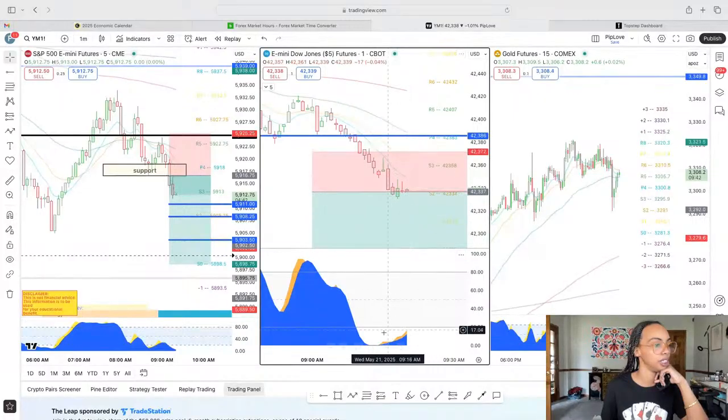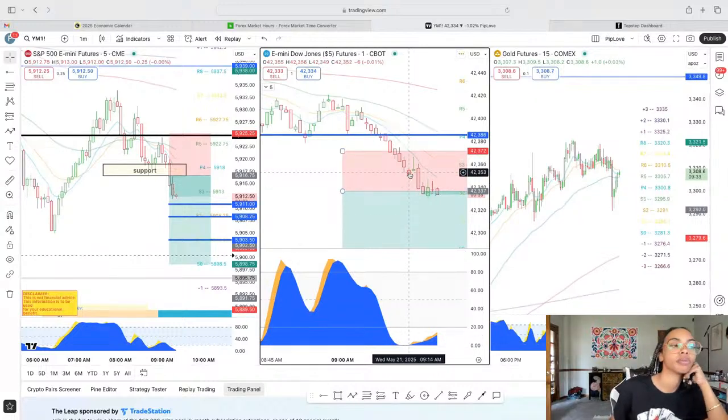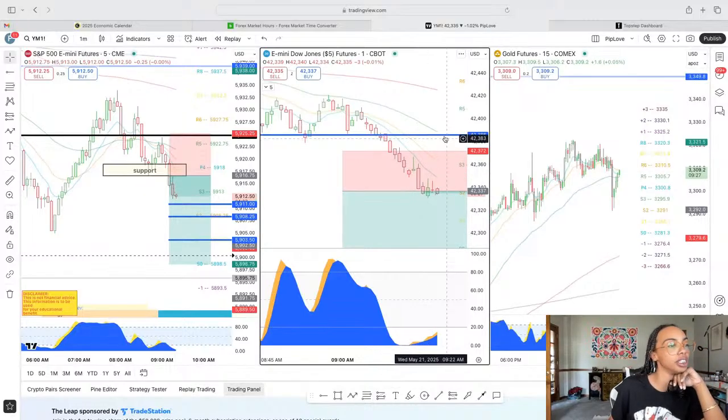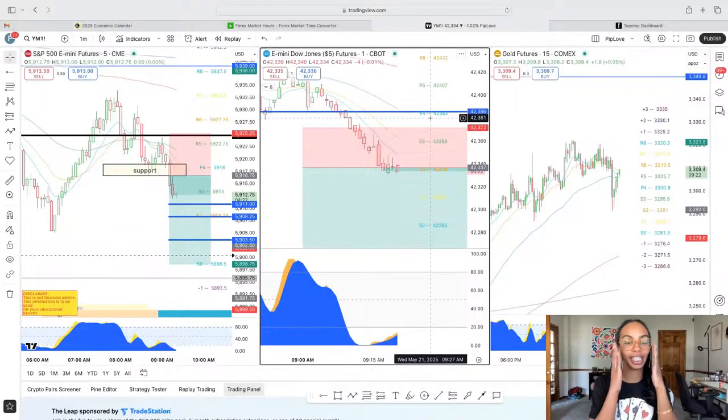It's kind of pushing up, but not really. It said it was buying from this candle here at 42,353. Looks like a little divergence there, which makes sense as to why we were at the S0, but we were completely overbought coming down.